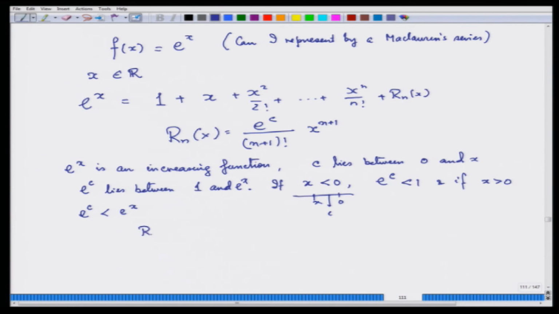Then what is my R_n(x)? Now I consider the case of R_n(x) and take the mod of this. The mod of e to the power c is less than 1, so it is less than mod x to the power n plus 1 divided by (n plus 1) factorial.